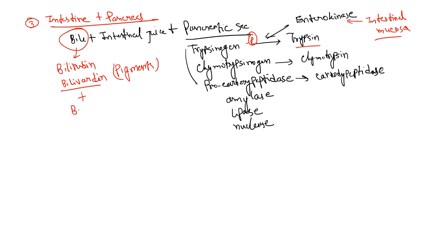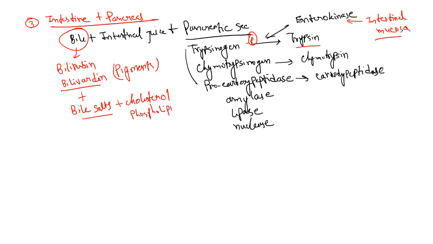Along with that, they have bile salts. What is the job of bile salts? Bile salts emulsify fat into smaller droplets so that fat digestion can increase. Because if we break it down into smaller fragments, more surface area will be produced, so digestion will be easy. It also has cholesterol and phospholipid.